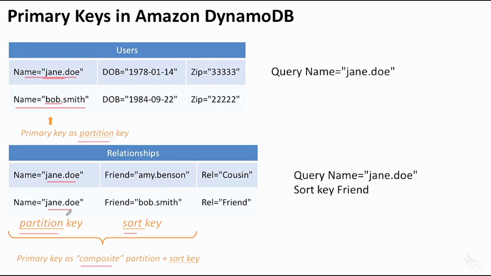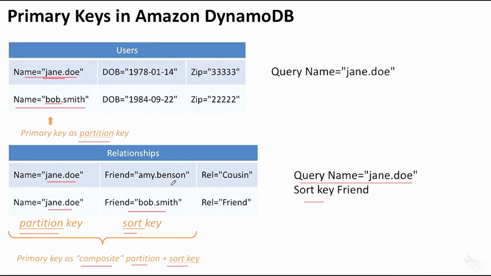And so it's the combination of these two, the partition and the sort key, that creates what we might call a composite primary key. These types of primary keys are really useful when you want to query for all of Jane Doe's friends and then sort by the sort key. You could also say find all of Jane Doe's friends, but include only the ones that are less than the letter C or greater than the letter D, so on and so forth.